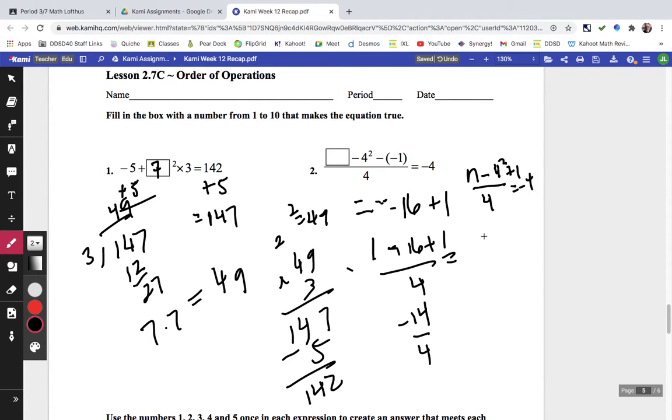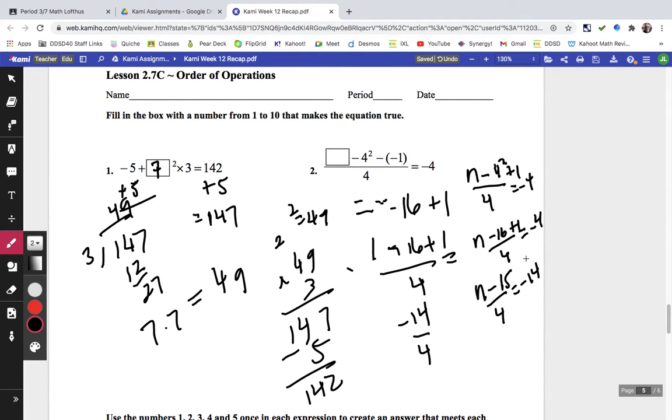So to simplify this, this is n minus 16 plus 1 divided by 4 equals -4. And this is n minus 15 divided by 4 equals -4.